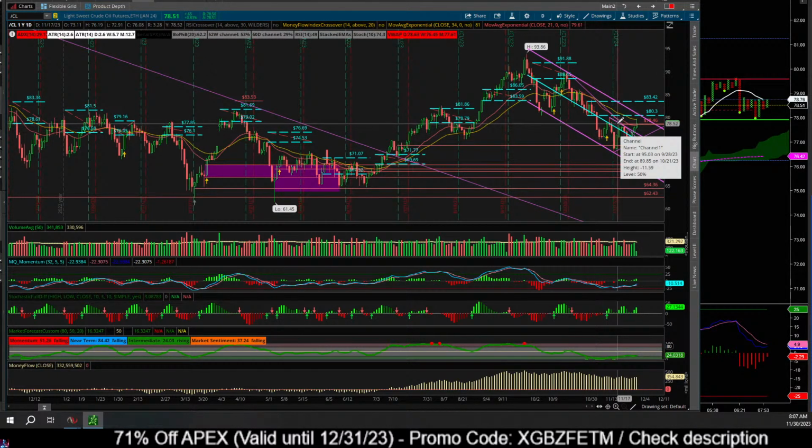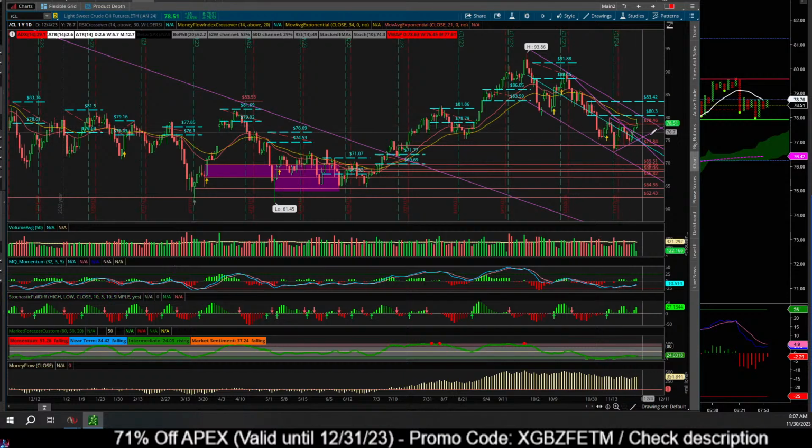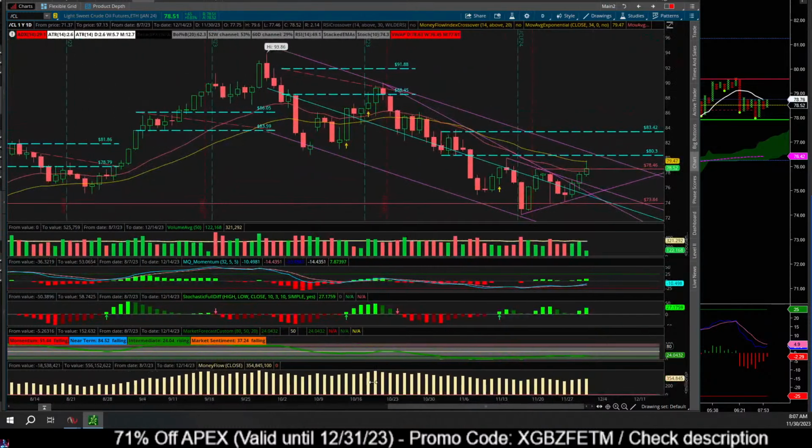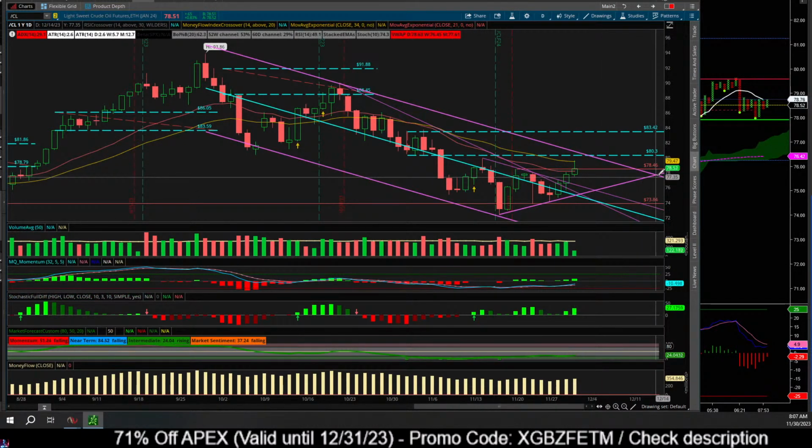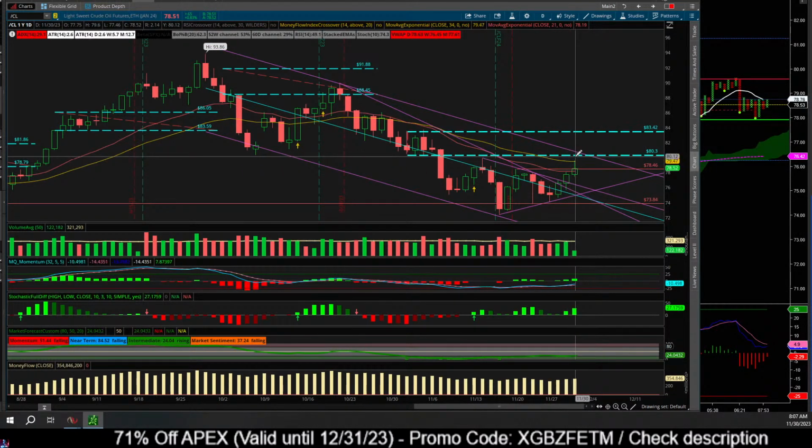It's already up above the level that we mentioned yesterday, 78.46. Let me expand this one a little bit so you can see it better. So it touched this 34, came back down, leaving this tail. This candle is still live, so it went up, crossed the 78.46 right here, touched it, and came back.